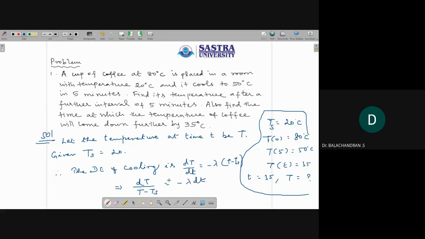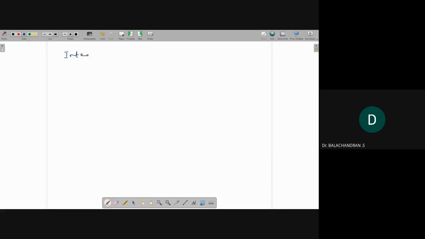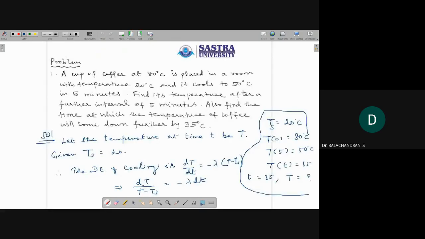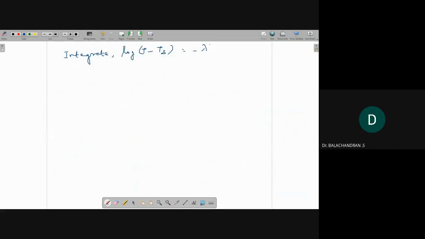Now, if you integrate this, you'll get log(T - Ts) = -λt + log c.